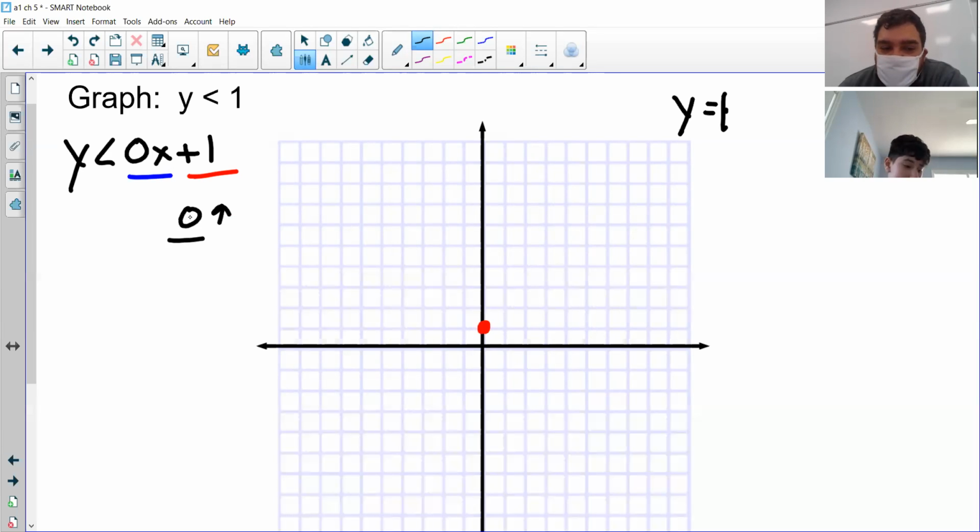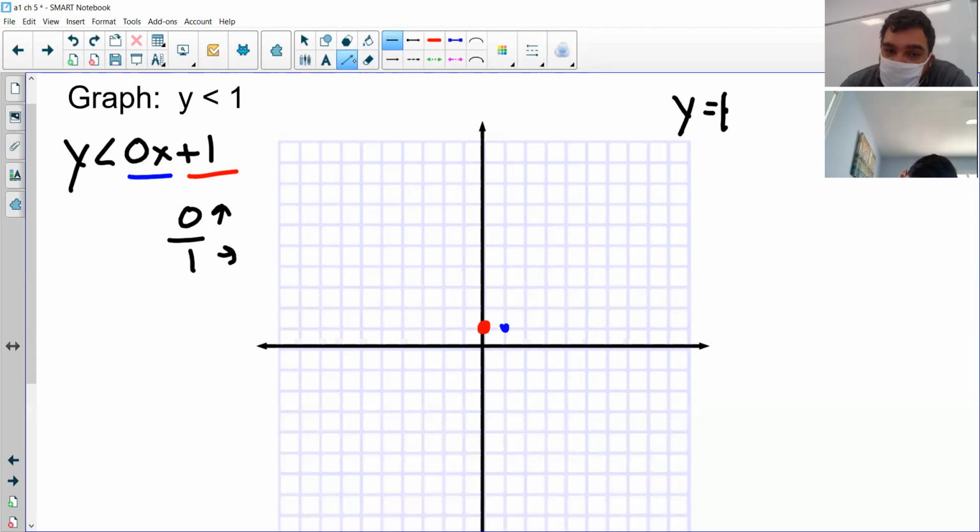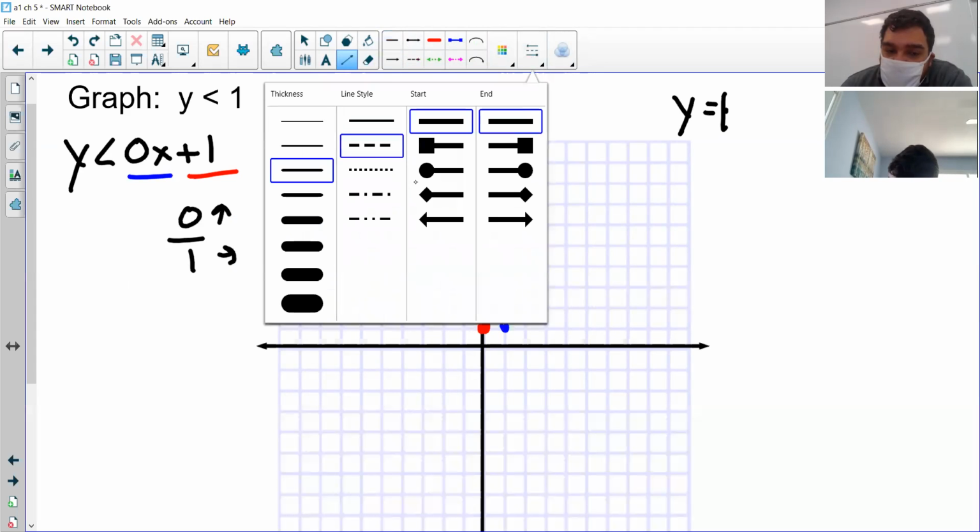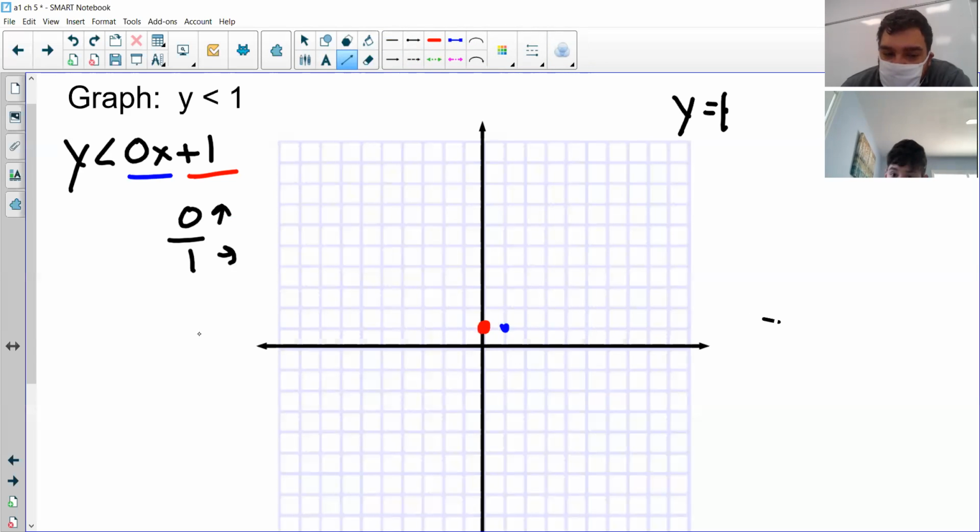So it has to be a whole number, so it's 0 over 1. So I don't go up and I go 1 right. Just like any whole number, like 3 becomes 3 over 1, 0 becomes 0 over 1. So my slope is 0, 1. I go right 1. I don't go up or down. And because of that, I'm going to make a line that is just flat in this case, or a 0 slope.